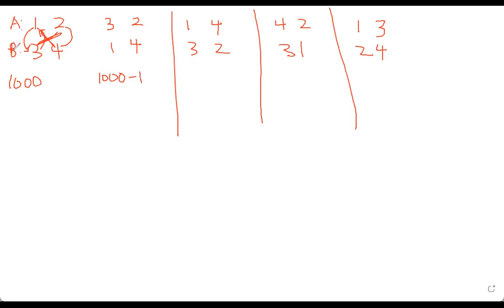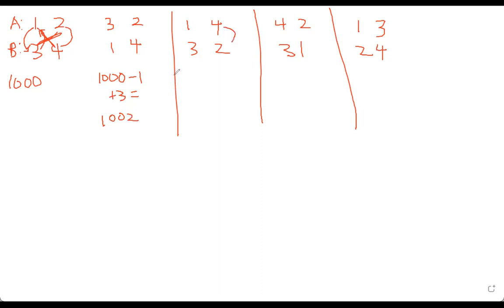But then the bucket size 3 from barn B went to barn A, so it was added to barn A, so you can add 3. And you'll get 1,002.